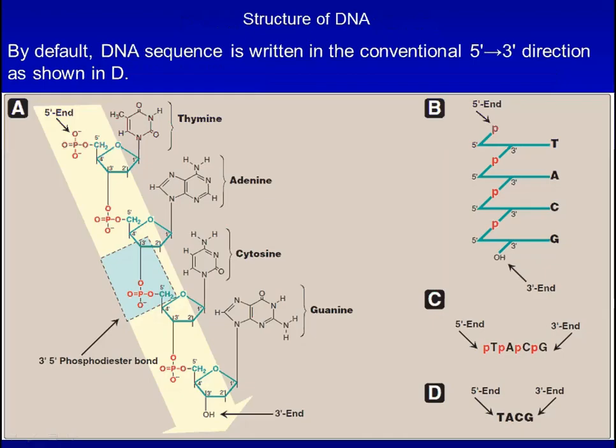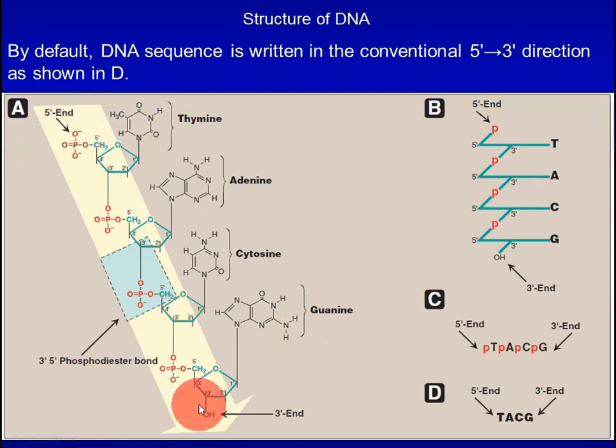After nucleotides are joined together through the phosphodiester bonds, we have a single-stranded DNA. Here is an example of single-stranded DNA. The end with a free phosphate group is called the 5' end.